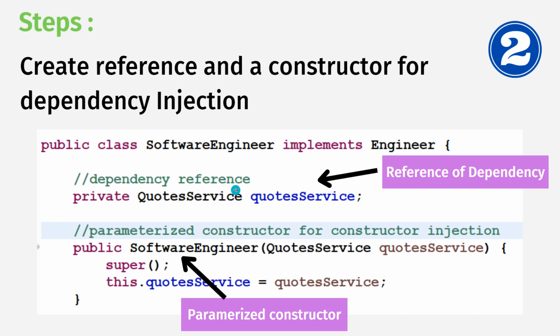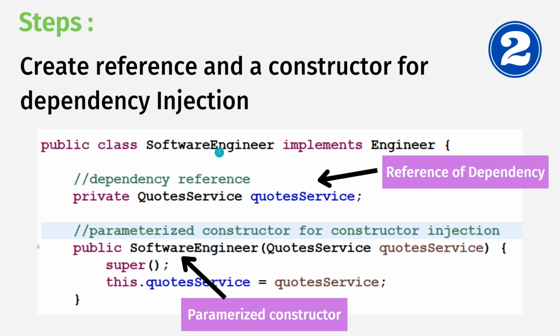The dependency reference is this quote service, which is actually our dependency interface. So we write private, then the dependency interface and a reference for it. This is the first thing we have to do. The second thing is to create a parameterized constructor for this class.